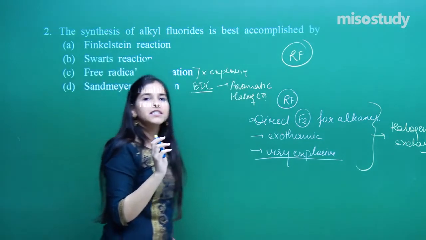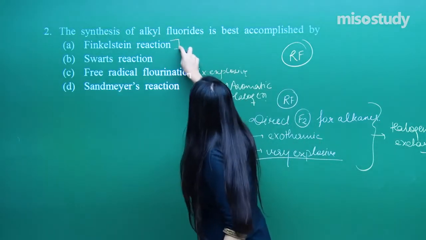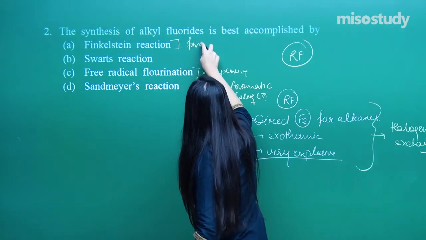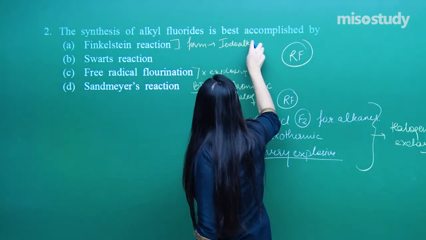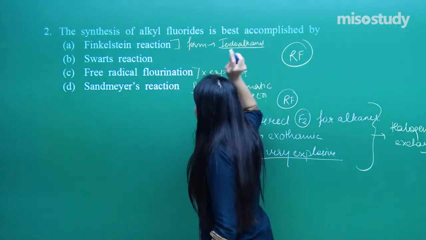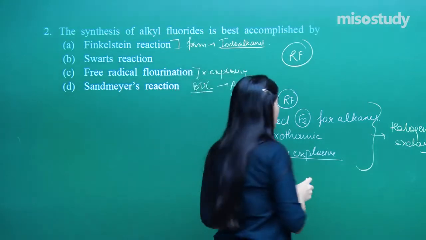As we all know, in the Finkelstein reaction we form iodoalkanes, that is our prime motive. But over here in the Schwarz reaction, what do we get? We get a fluorine product. How?